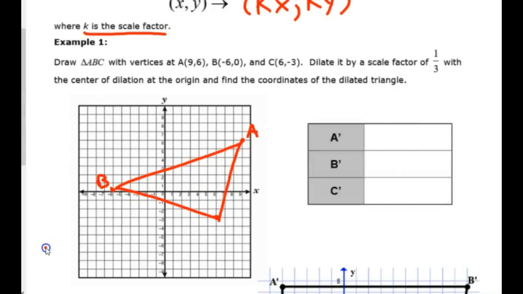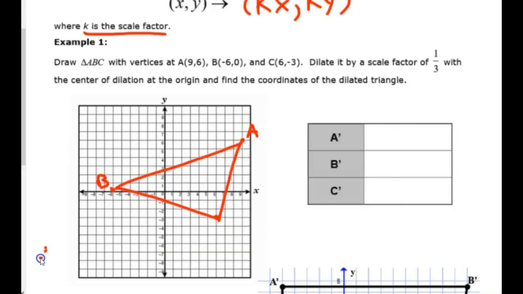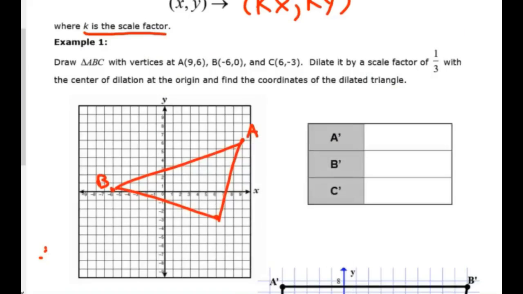So, I'm going to take all those numbers and multiply every single number by 1/3. Now, hopefully you know this, but multiplying by 1/3 is the same thing as dividing by 3. So, can we divide every single number by 3? Okay? So, 9, 6.